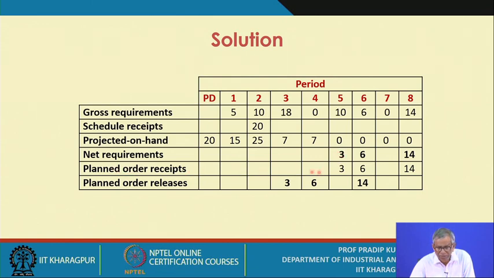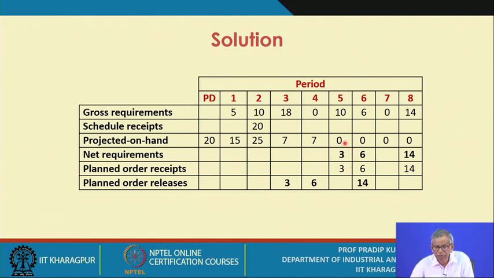So the planned order receipts is what you try to do. Now you consider the lead time for the planned order releases. That means you place an order for 3 units and after 2 time periods you get it supplied. That means the planned order receipts you are supposed to get are the 3 units.